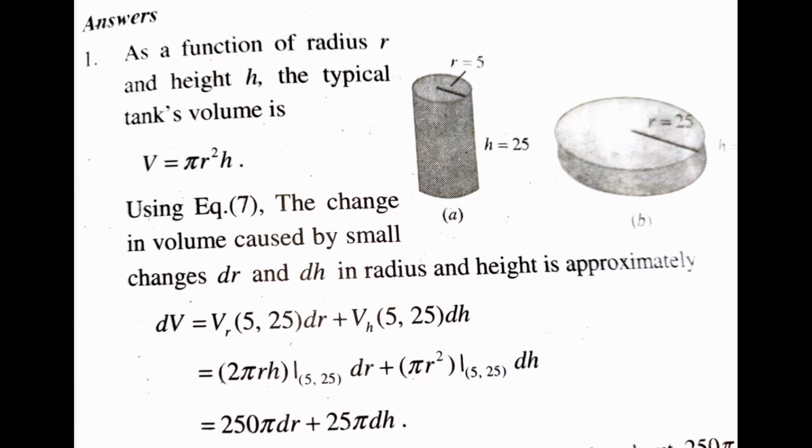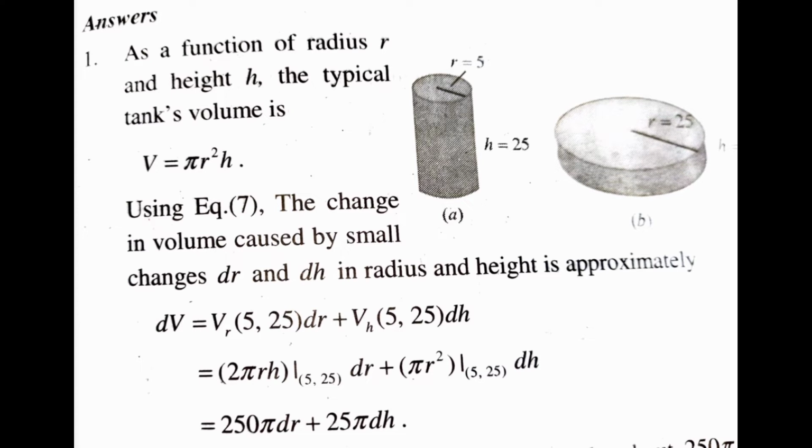That means V is equal to pi r square h. V suffix r means differentiating with respect to r, that is equal to 2 pi rh of (5, 25) dr plus pi r square (5, 25) dh.